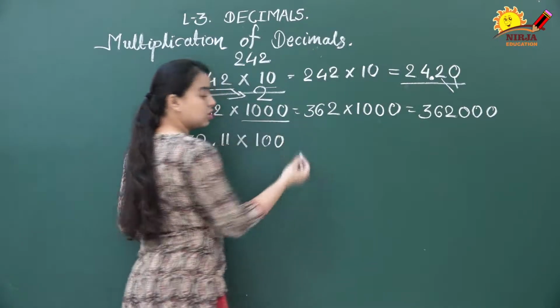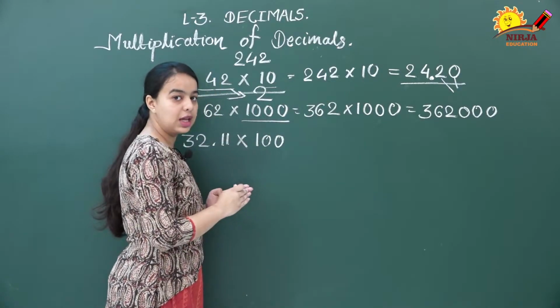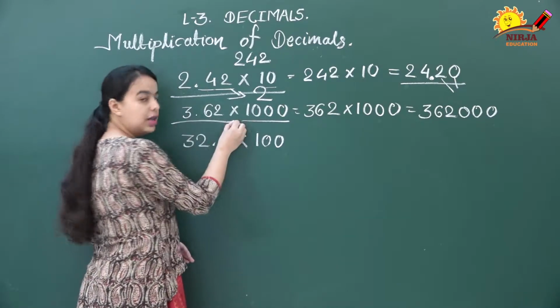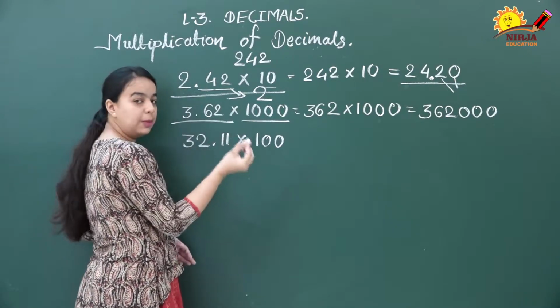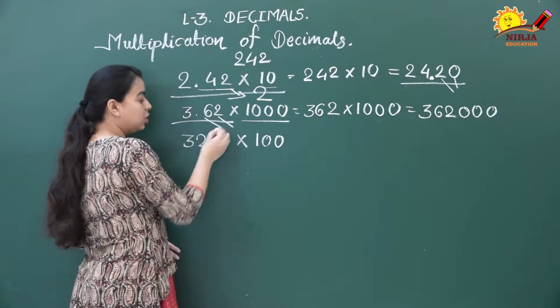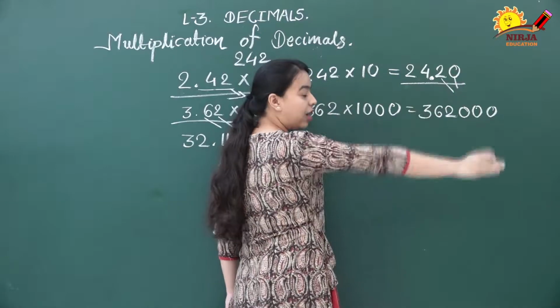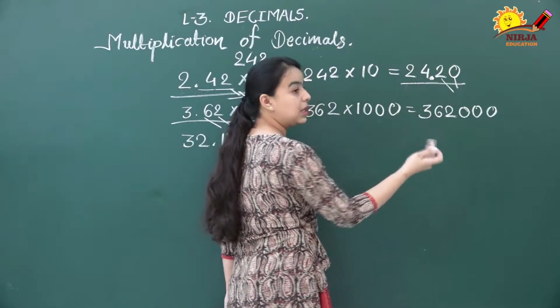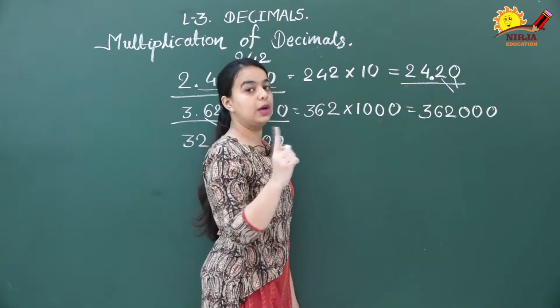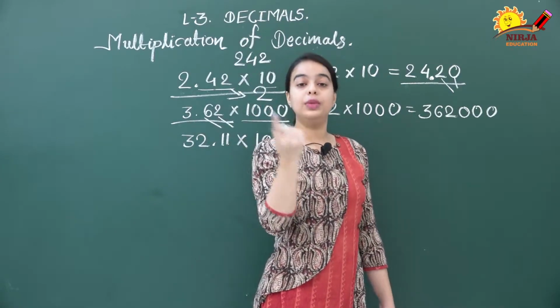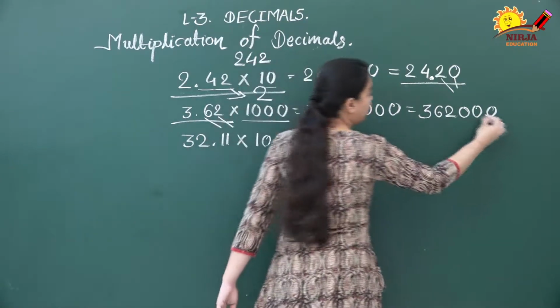As you can see, this is a whole number, no decimal point is there, so no need to count any decimal places. Here it is a decimal number. So let's count decimal places, 1 and 2. That means we need to put the decimal point after 2 decimal places from the right of the number. Don't forget, we are counting decimal places from the right of the number, 1 and 2.